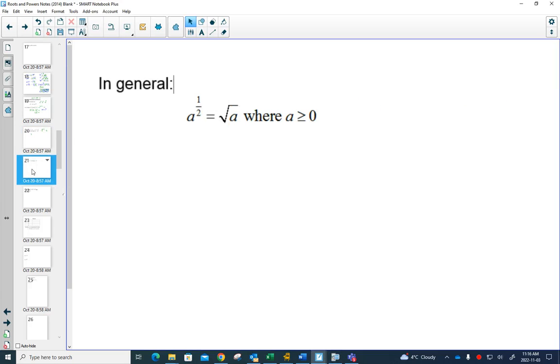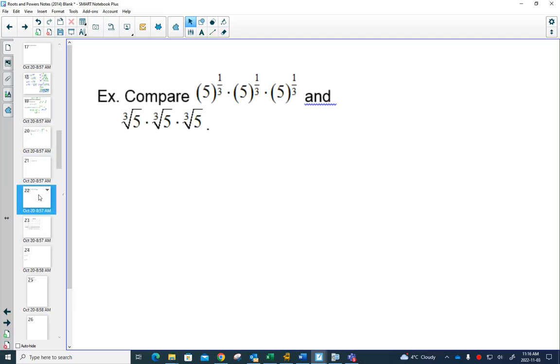So here's the general. An exponent of a half is the same as the square root. And we could look at our exponent rules, using your exponent rules and adding the exponents. 5 to the 1/3 times 5 to the 1/3 times 5 to the 1/3 would be 5 to the 1, which is just 5. And the cube root of 5 times the cube root of 5 times the cube root of 5.